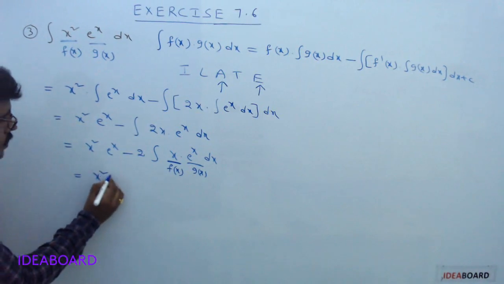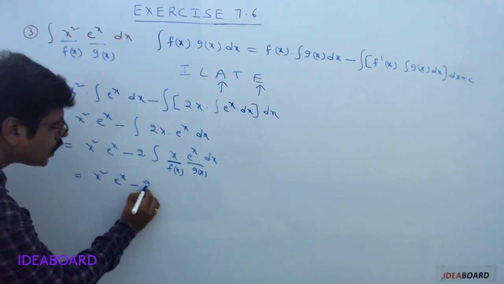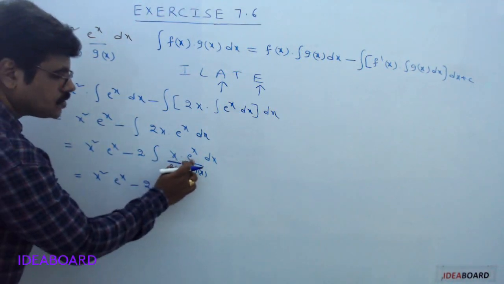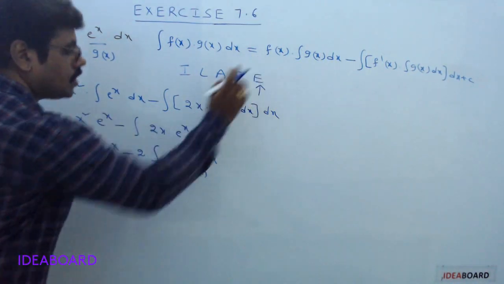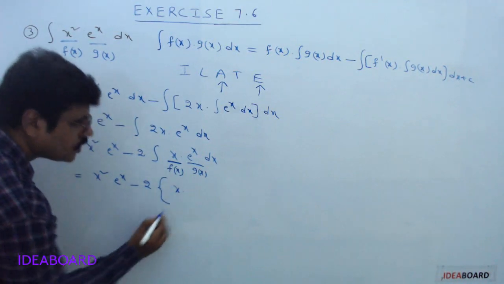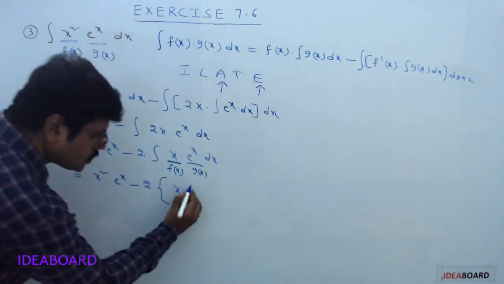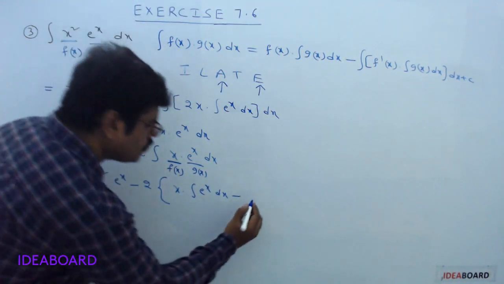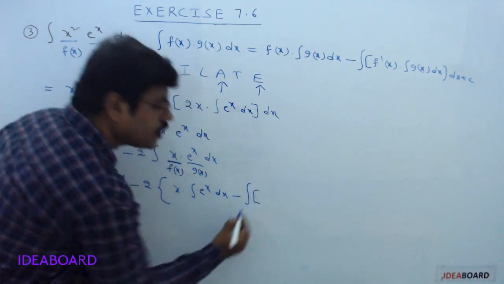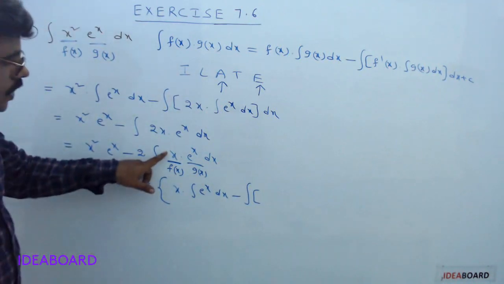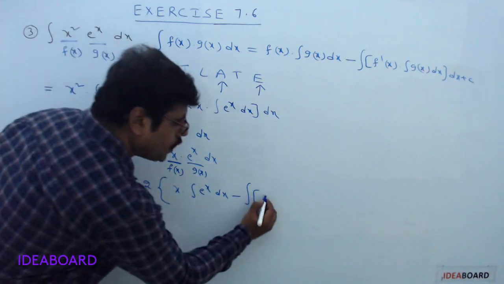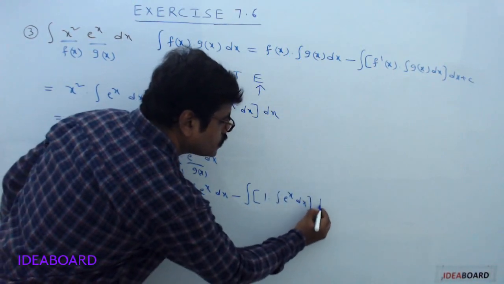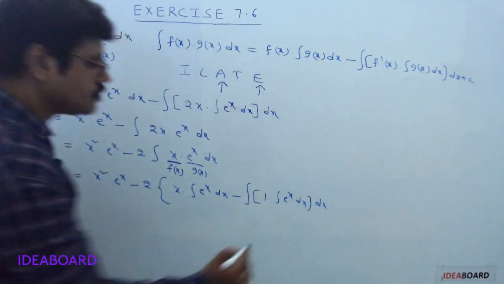Now this equals x square into e power x minus 2 into integral f of x g of x dx, that is f of x into integral g of x dx, integral e power x dx, minus integral of f dash of x. f dash of x, the derivative of x, will be 1, into integral e power x dx into dx.